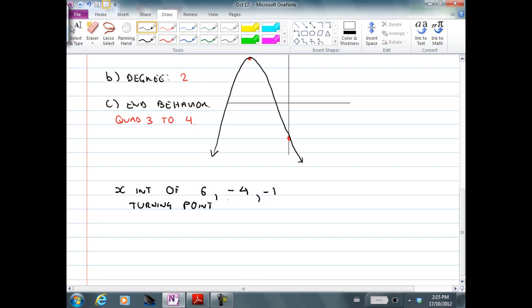Turning points will be in quadrant 2 and quadrant 4. I want to know my degree. I want you to sketch it.